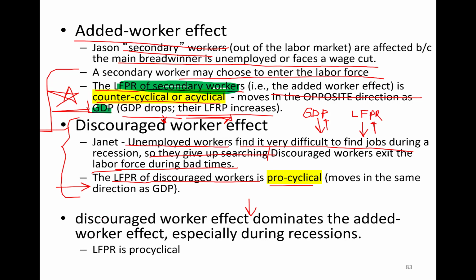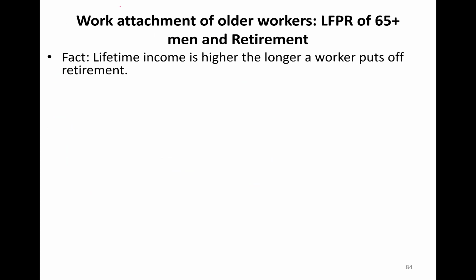So in summary, the labor force participation rate is pro-cyclical. That means when GDP goes down, and you're in a recession, which needs to be a decline of more than 2 quarters, the labor force participation rate is going to go down too.